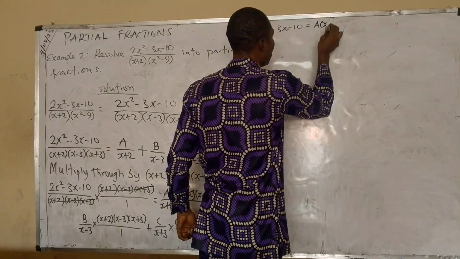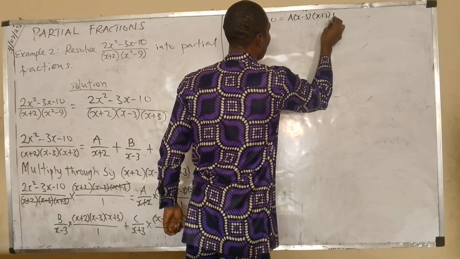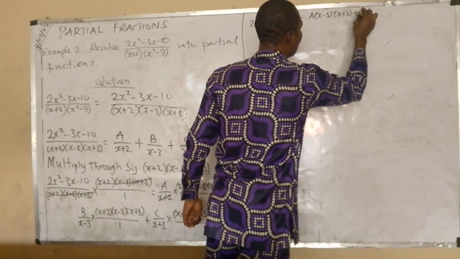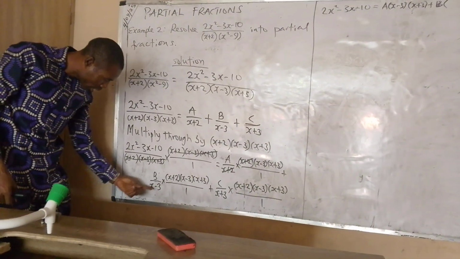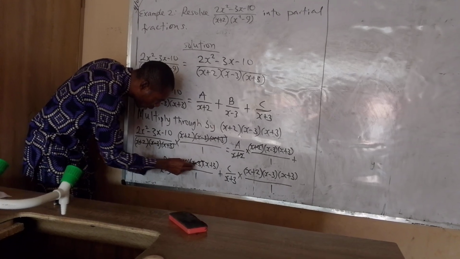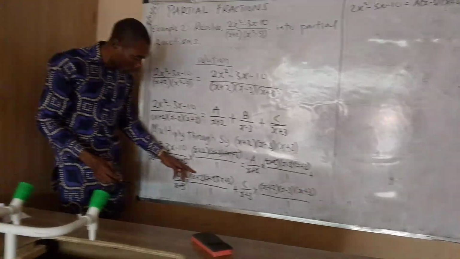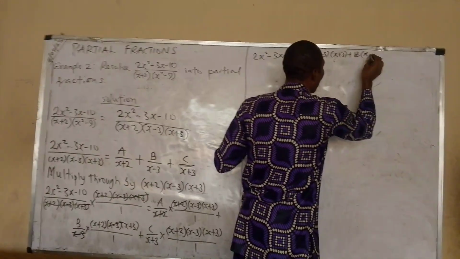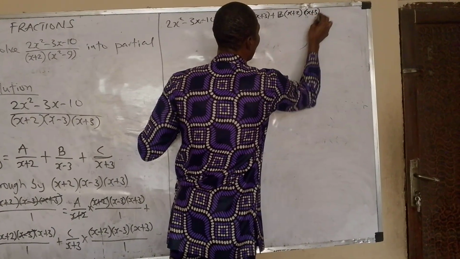A into bracket, x minus 3, x plus 3, plus B now. For B, you'll find out that x minus 3 and these are the same. So they will cancel out each other. X minus 3 cancels x minus 3, leaving x plus 2, x plus 3. So we have B into bracket, x plus 2, x plus 3.